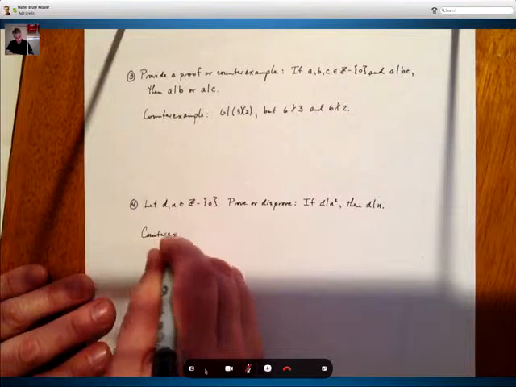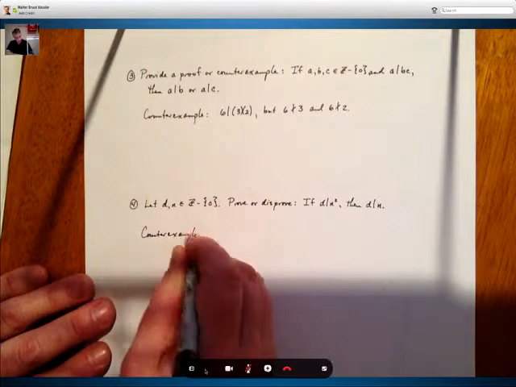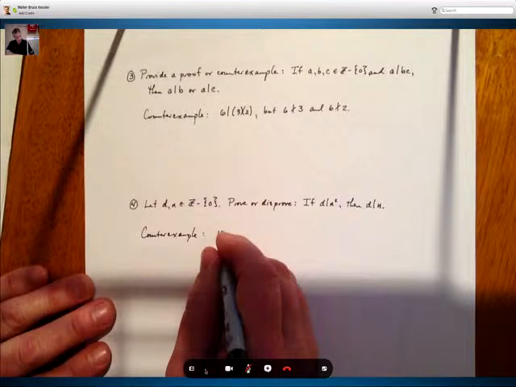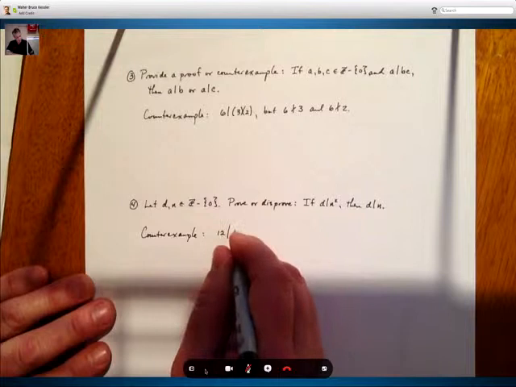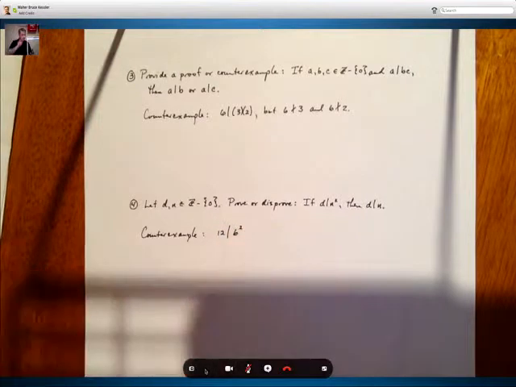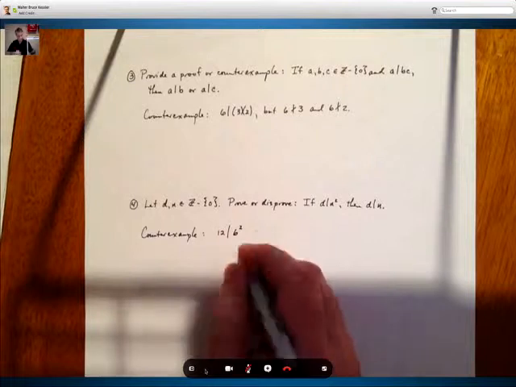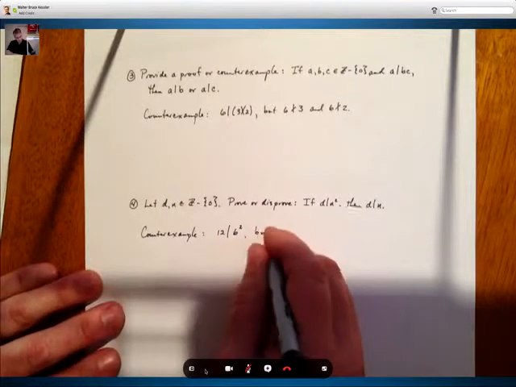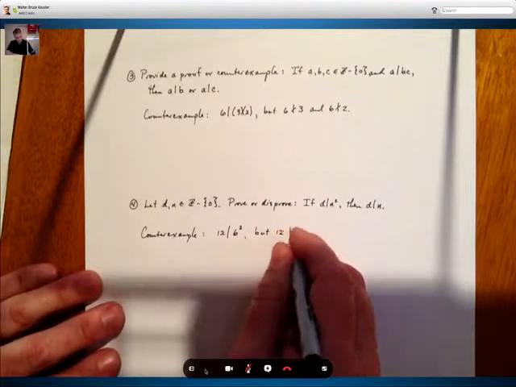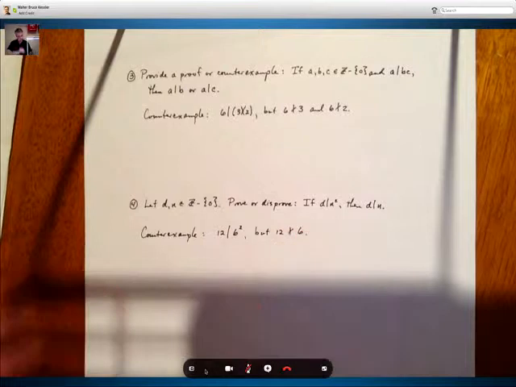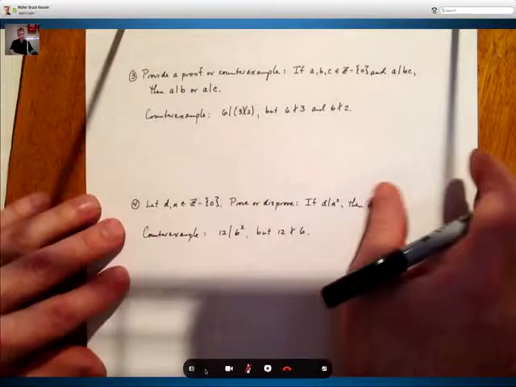My counterexample on this one, and there are several, was 12 divides 6 squared, which is 36, but 12 does not divide 6. 6 divides 12, but not that way. Okay? All right.